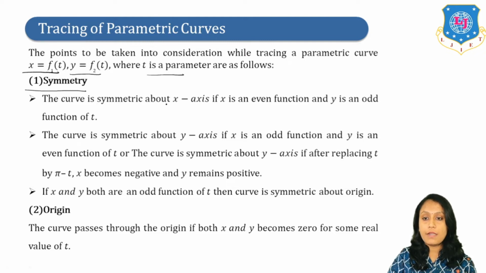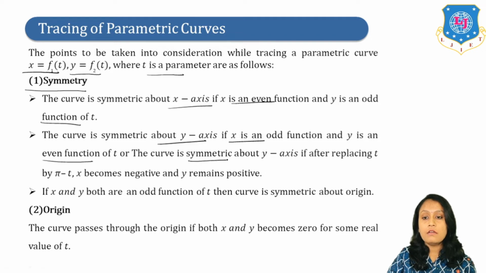The curve is symmetric about the x-axis if x is an even function and y is an odd function of t. The curve is symmetric about the y-axis if x is an odd function and y is an even function of t.